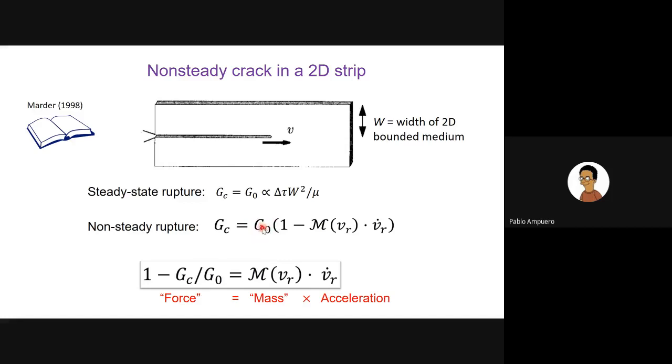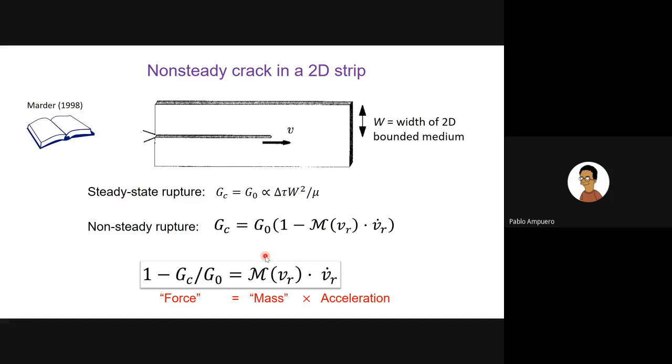That's the elastic energy provided by, for example, the tectonic loading over the long term. So that's all the forces on the left-hand side. The mass, this is a known function. I'll show you the mathematical form of that later. That depends on rupture speed, and then we have rupture acceleration.